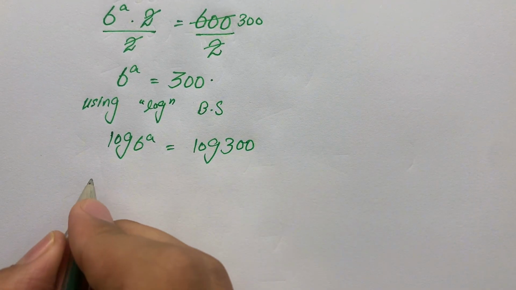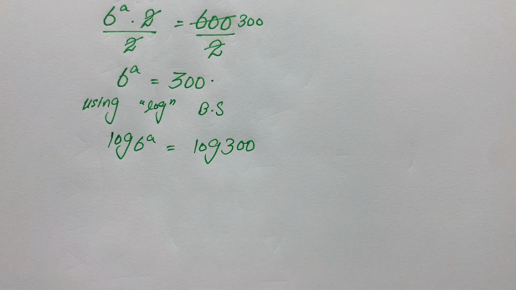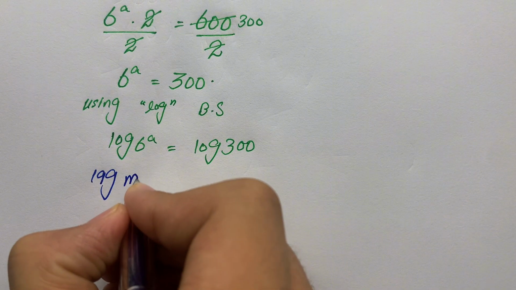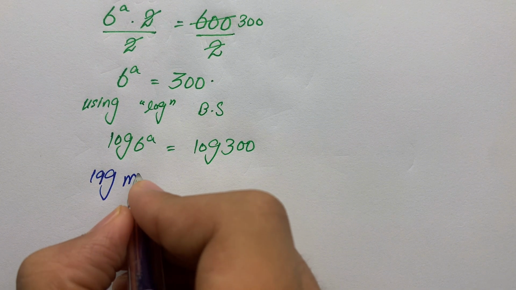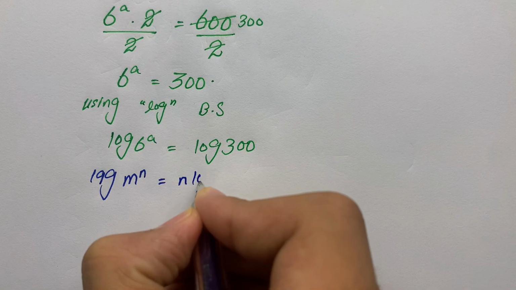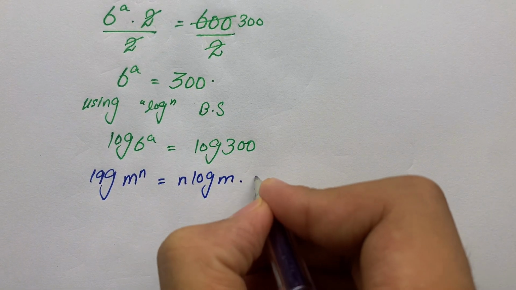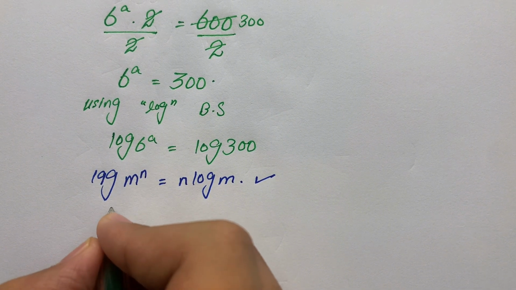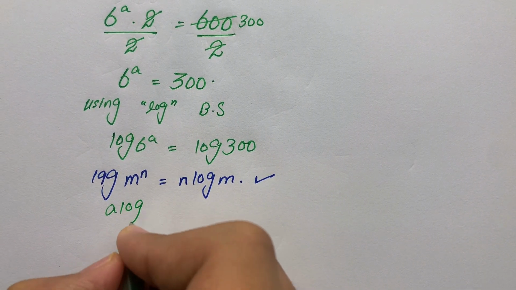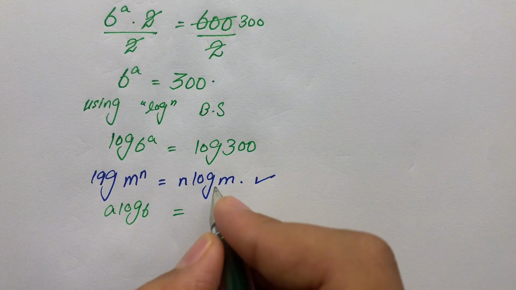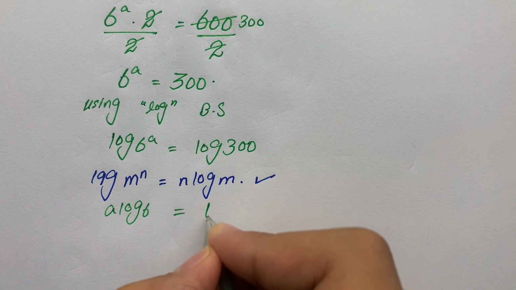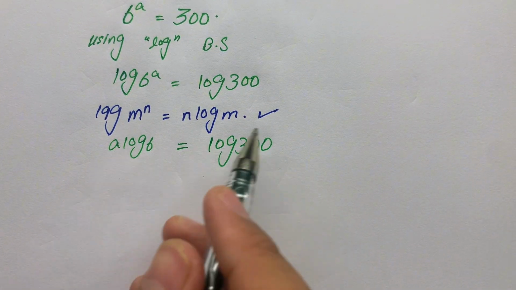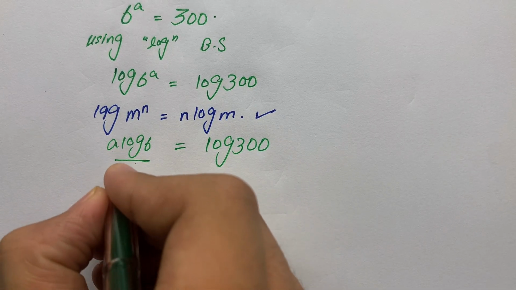Now in this step we use the formula log of m^n is equal to n log of m. After using this formula, we get a log of 6 is equal to log of 300, and now divide both sides by log of 6.